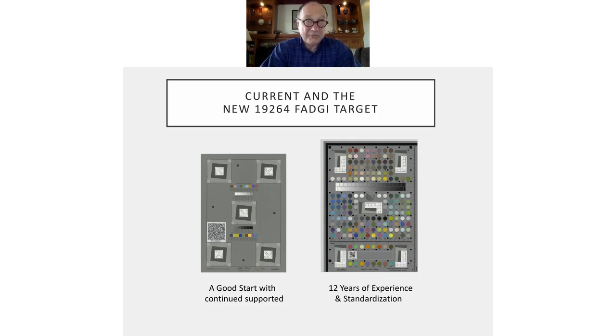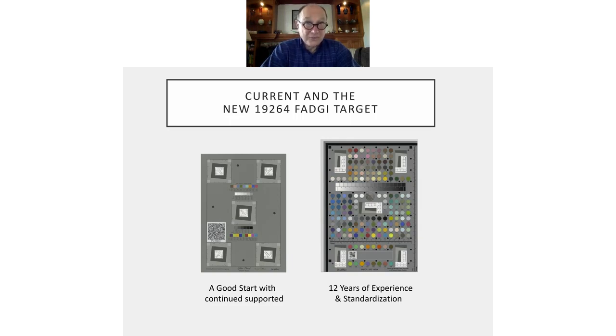Sometimes it's called the DICE target. It was actually a really good start, but we learned over the last several years that we could make it better. We will continue to support it, and it'll continue to be used, but for certain applications and institutes' criteria, they may want something a little bit more comprehensive. So that's the 12 years of experience and standardization on the right.